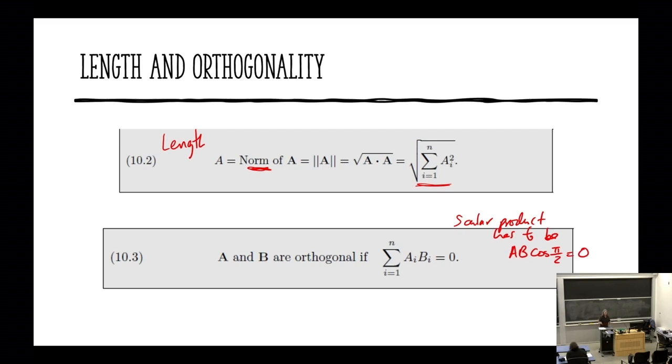So we can generalize this also to n dimensions. We say that A and B are orthogonal if the sum from i equals 1 to n of A_i B_i equals 0.